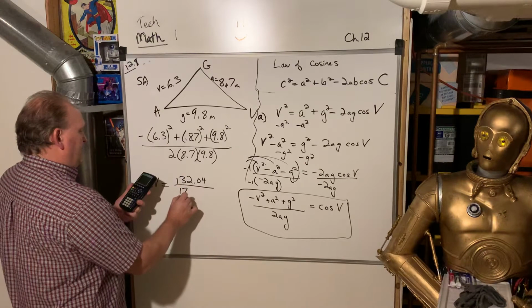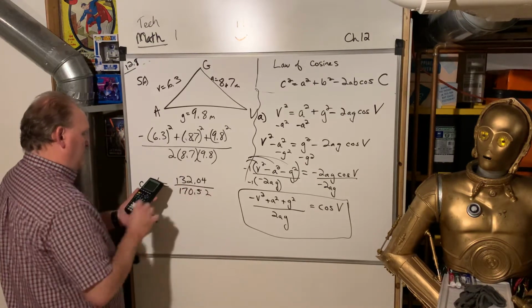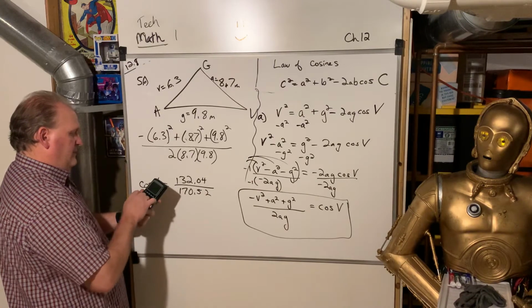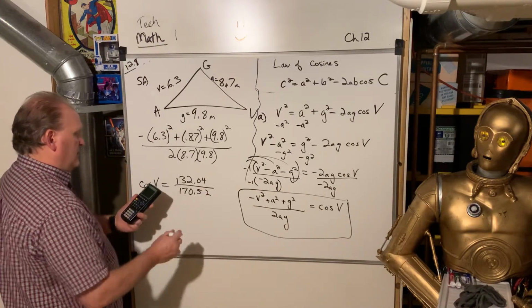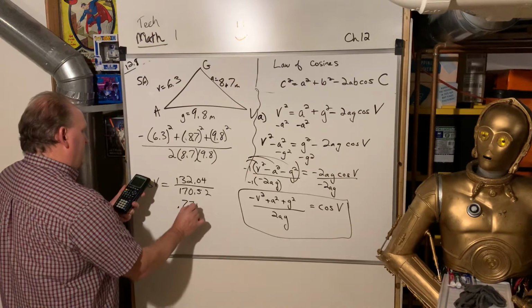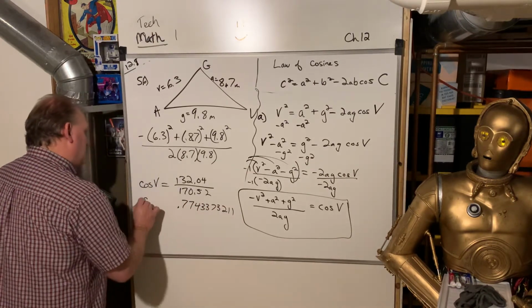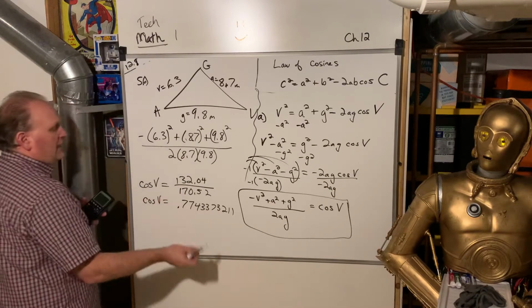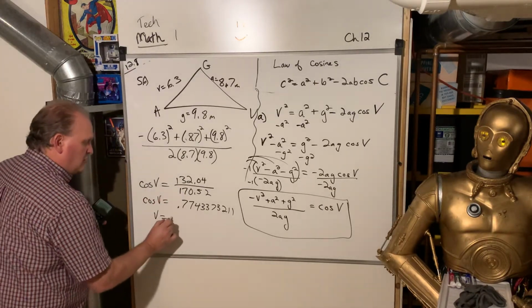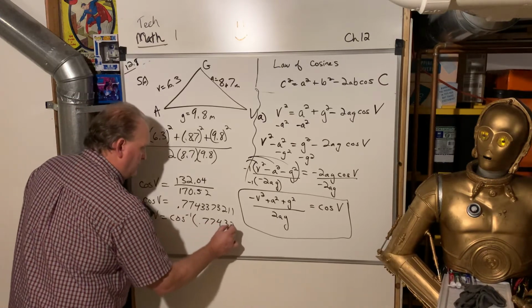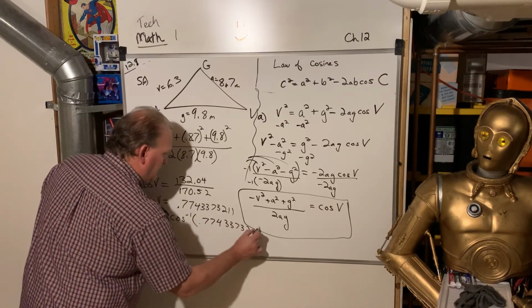is 170.52. And if you take 132.04 divided by answer, we get 0.77433732211. That's what the cosine of V is equal to. And so now we take the arc cosine. So the cosine of -1 of 0.77433732211.